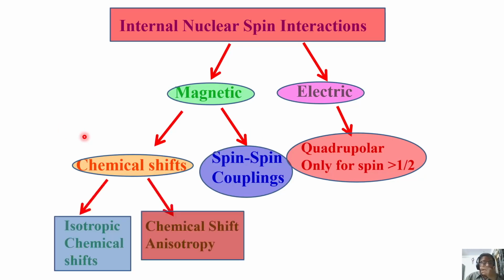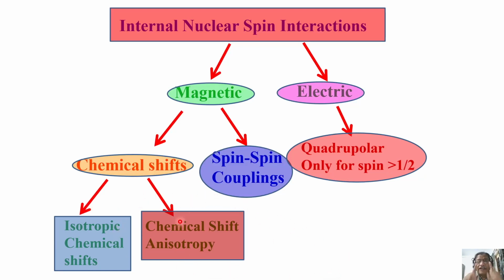Okay. Now, if I go further, this magnetic interaction, like for example chemical shifts, can be further divided into 2 types. One is isotropic chemical shift, the other is chemical shift anisotropy.